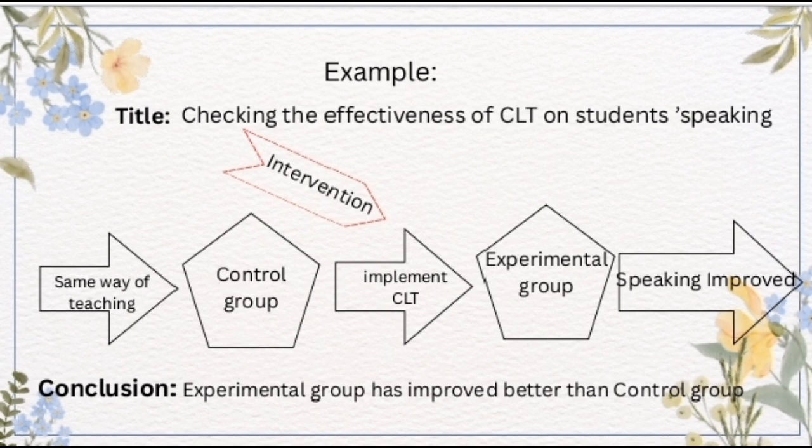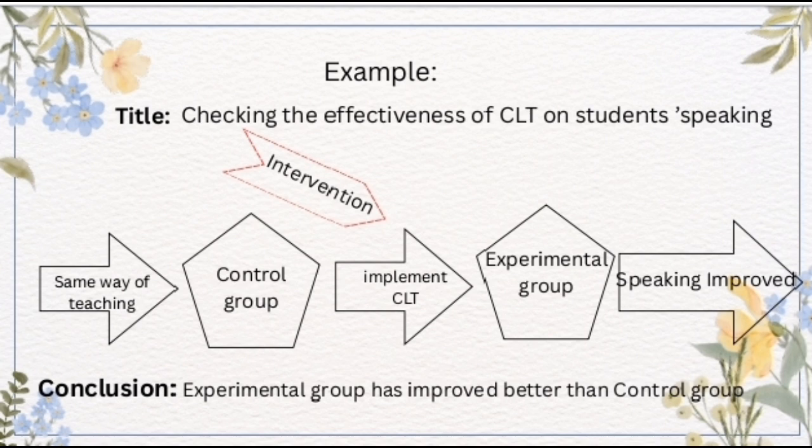Now we will conduct a pre-test. Pre-test means before the intervention, because we want to check the level of both groups, so we can easily find the effectiveness or change which occurred because of the intervention. Okay, so after the pre-test we will implement our intervention on the experimental group.